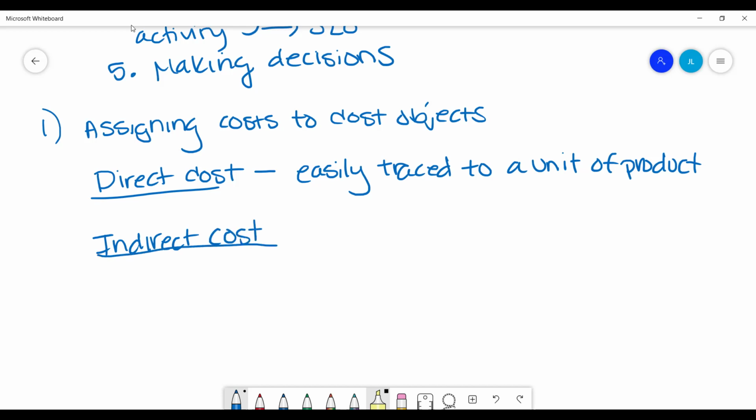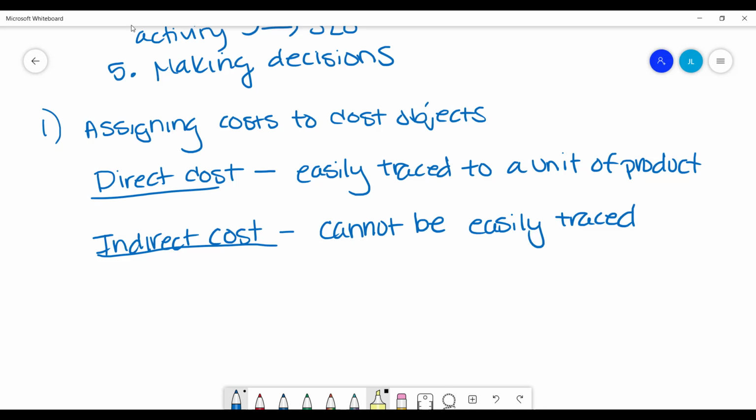If a direct cost is a cost that can be easily traced to a unit of product or a specific cost object, an indirect cost cannot be easily traced. So what would be some examples of this?